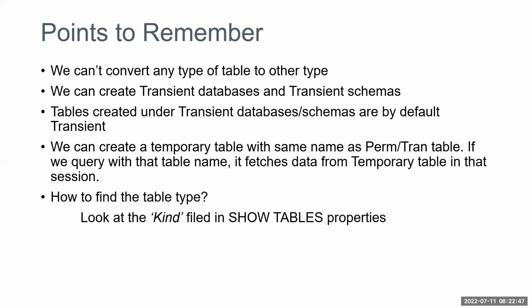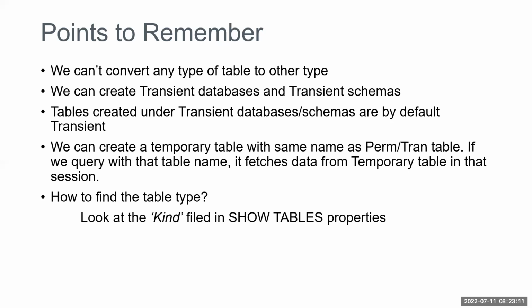Okay, then you will get another question. Suppose if I write a query on the table, so from which table the data will be fetched, from the temporary table or from the permanent table? So in the session where you are working currently, if you fetch the data from the table, data will be fetched from temporary table and not from the permanent table.